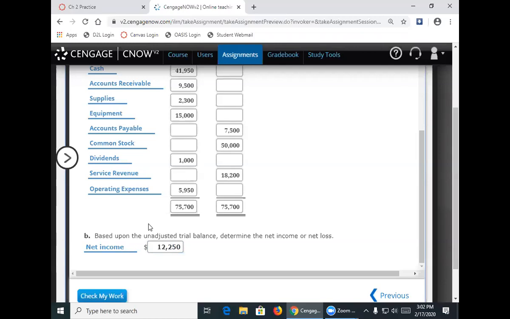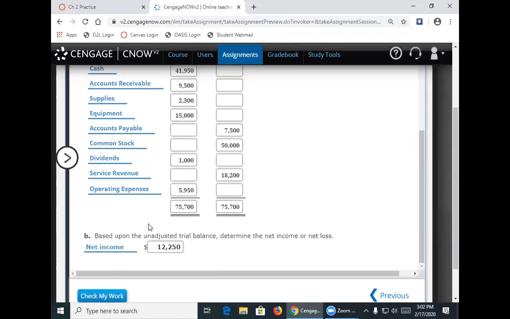So it would be a net income instead of a net loss. Yes, and that's because your revenue is greater than your expenses. So yeah, that one's a tricky one, right? It's just reiterating, and we're looking at it in a different light. So we're not looking at it as a statement. But good. So yeah, revenues minus expenses. In this case, we just had service revenue minus operating expenses.